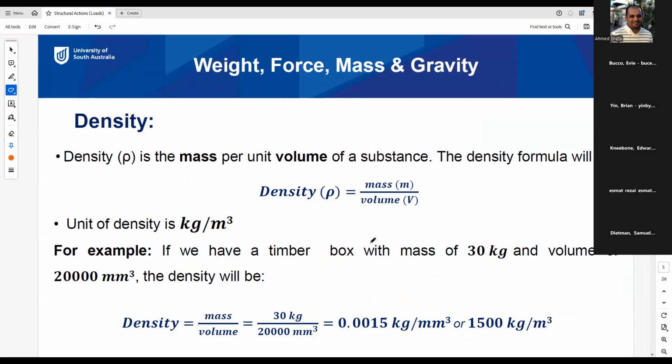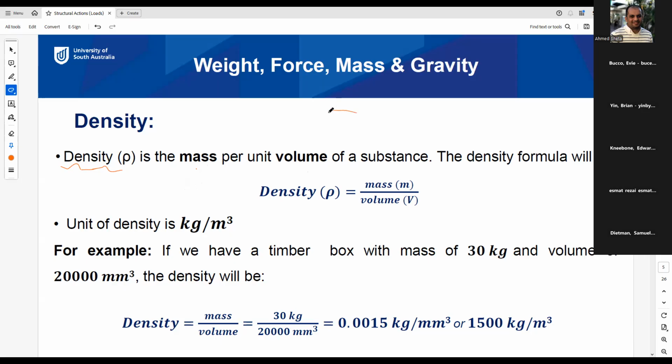So if we have a volume of a material like a timber box or concrete block, or whatever the material is, we know the volume of this substance. The mass of this volume will give us the density. So this is the scientific definition of the density, the mass per unit volume of a substance.